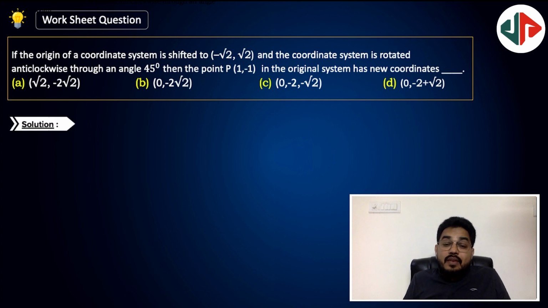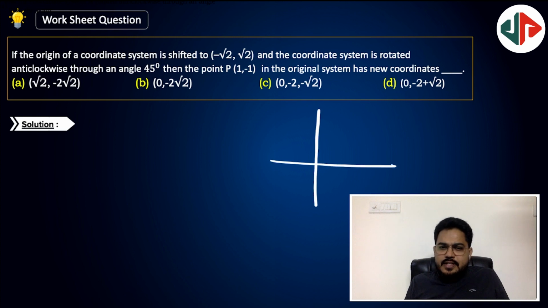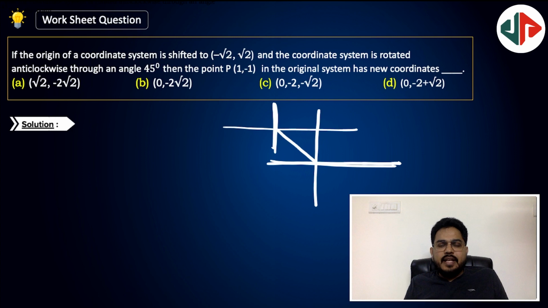So it's very, very interesting. What happened? These are the original coordinate systems. So the origin is shifted to this one, the new coordinates, minus root 2 comma root 2.